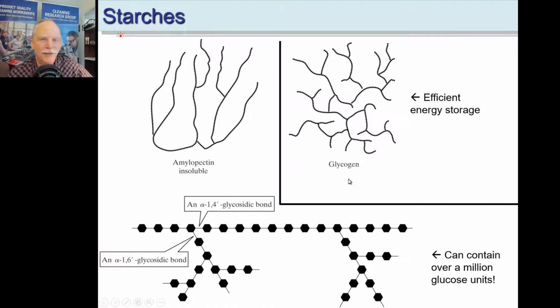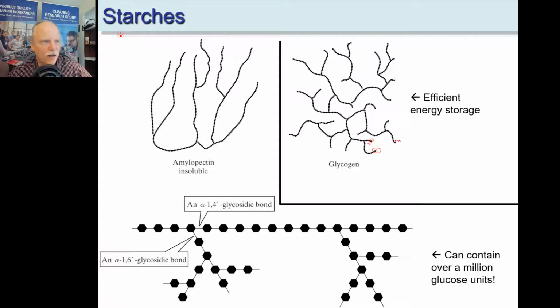Now let's think about the starches. This is a very efficient way to store energy, because if you have extra sugar that your body doesn't need at the moment, it can store it in the body, or plants can store it this way. And notice that glycogen versus amylopectin is a more efficient way to store energy, because you have to join these extra starch rings on the ends of these groups.